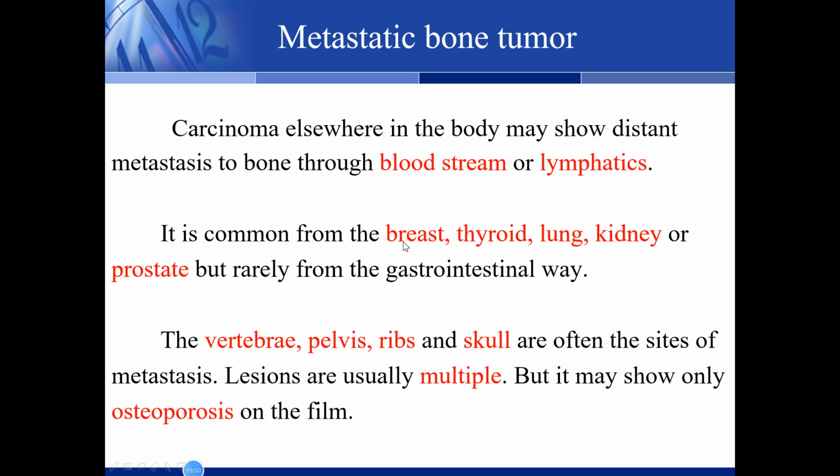It is common from the breast, thyroid, lung, kidney, or prostate, but rarely from the gastrointestinal tract. The vertebrae, pelvis, ribs, and skull are often the sites of the metastasis. Lesions are usually multiple, but it may show only osteoporosis on the film.